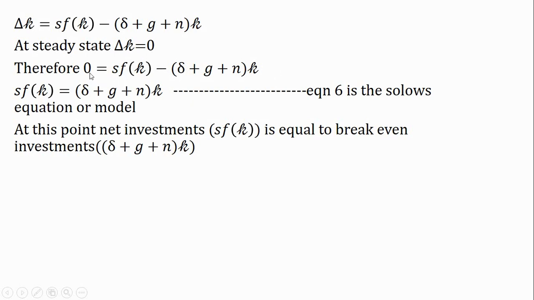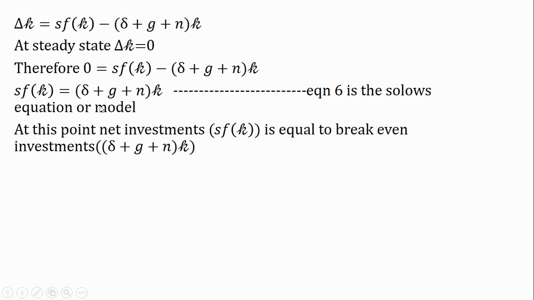So if this crosses the equal sign, we come up with s, a function of k, being equal to (sigma plus g plus n) kappa. So now our equation 6 is the Solow's equation, or the Solow's model.